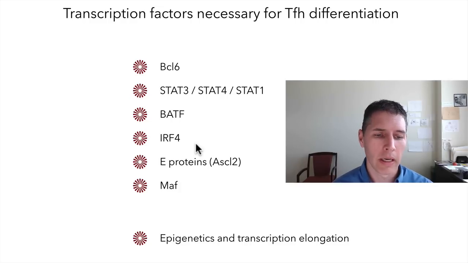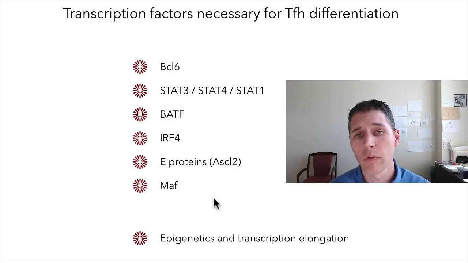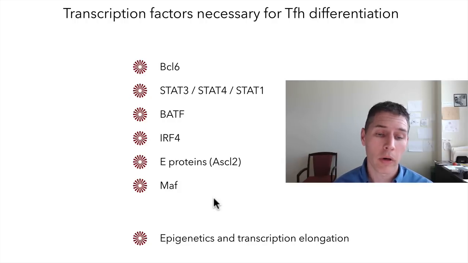For example, Th17 differentiation. MAF is critical for TFH differentiation, but can also have roles in other CD4 T cell pathways and functions.